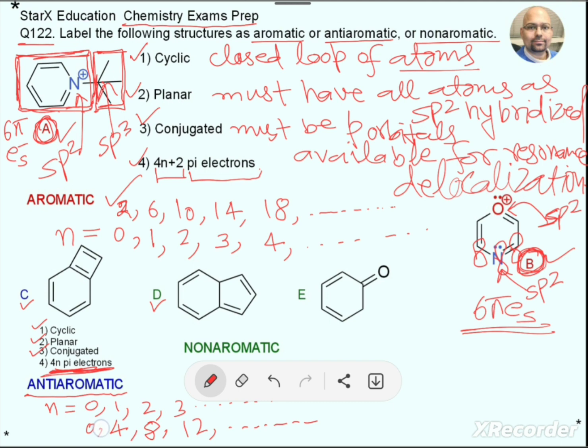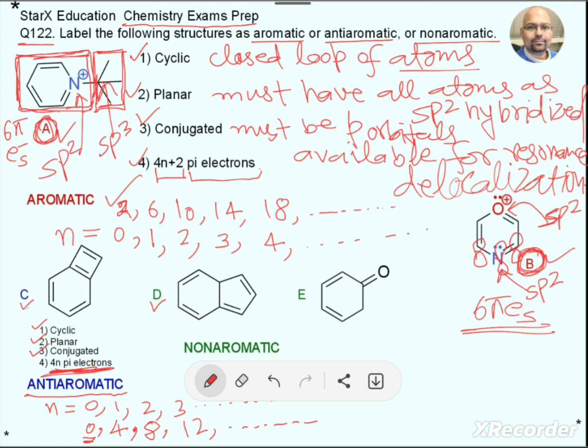Since we must have at least some pi electrons to have the resonance, the 0 one doesn't work. The smallest antiaromatic compound must have 4 pi electrons, and that is cyclobutadiene. That's a very well-known antiaromatic compound.